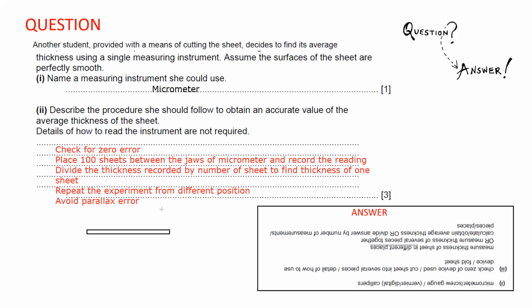Instead of recording the thickness of one sheet, because the thickness of one sheet is very small, it will not be accurate because a very small reading is there. So to improve this, you will record the thickness for like 100 sheets or 10 sheets, so that the value which you will read will be a higher value.